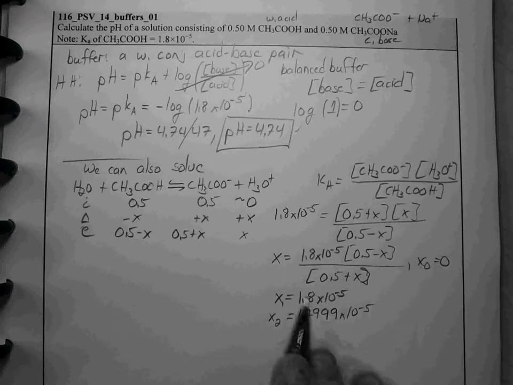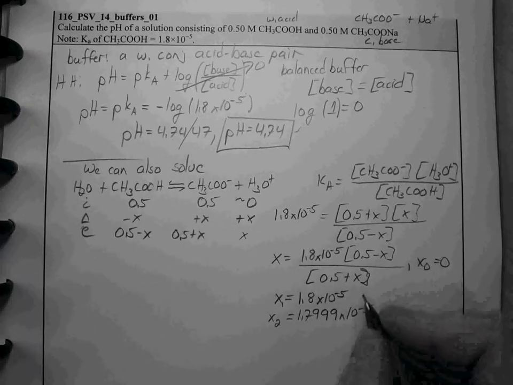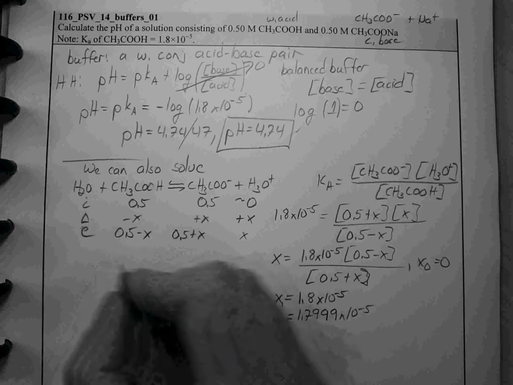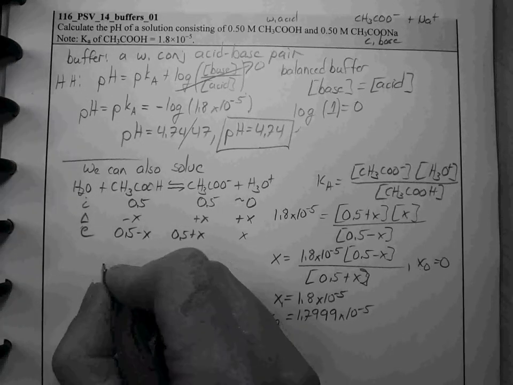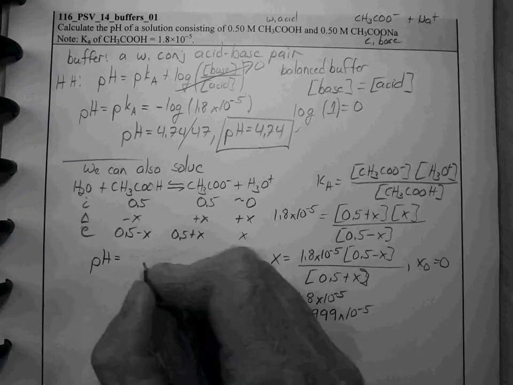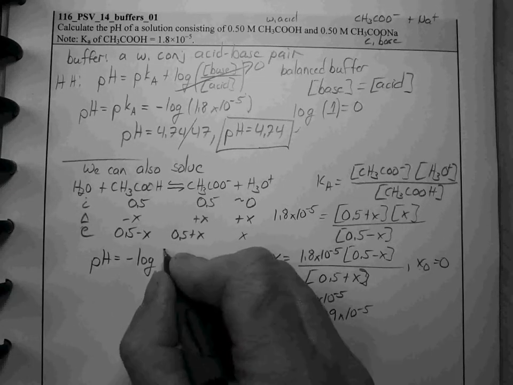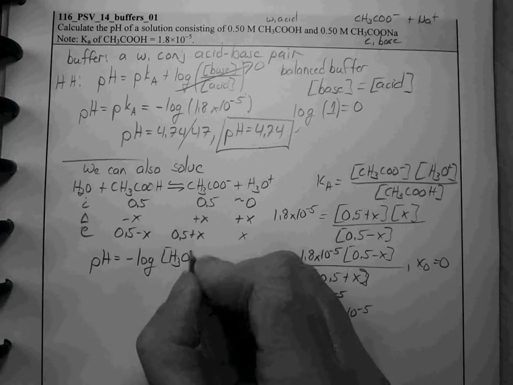So we're done. We have the same number within sig figs, and we note that this is also equal to Ka. So we do have the same final result, that pH is equal to pKa. Because pH is a negative log of H3O+.